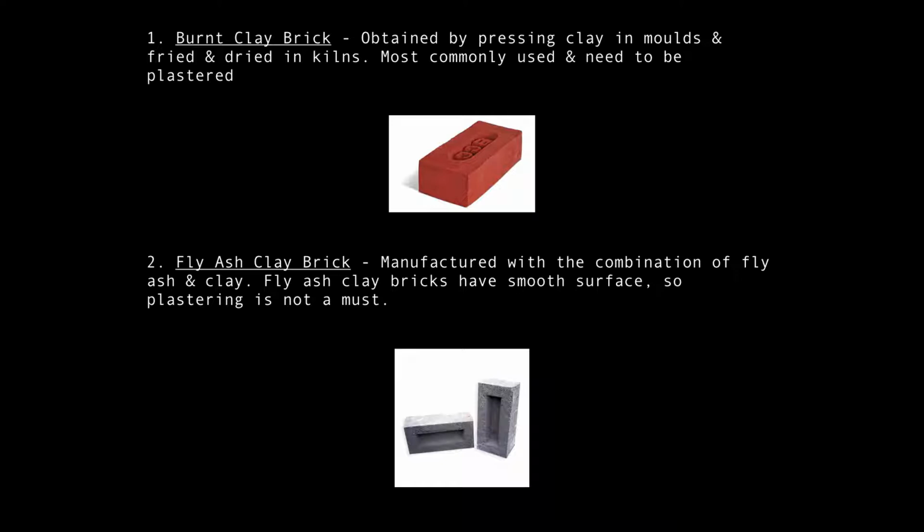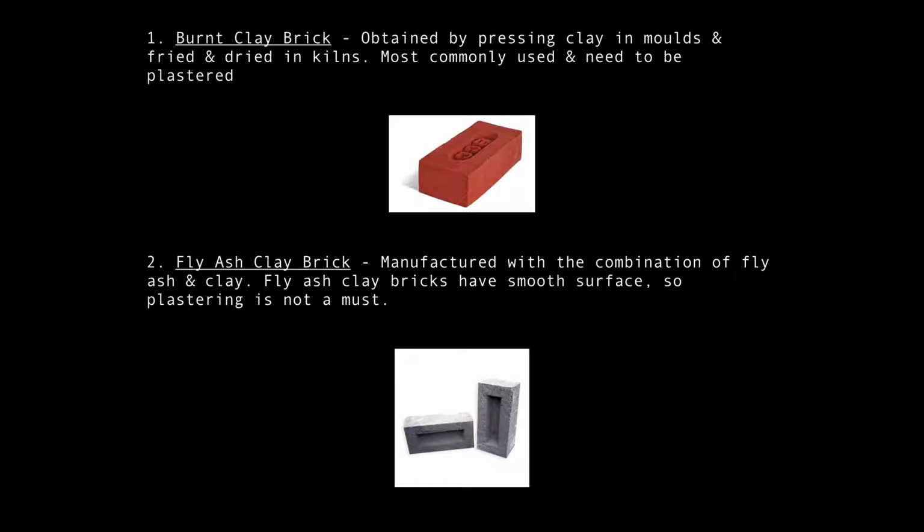Number one is our traditional brick, or burnt clay brick, which is made up of clay. This brick is obtained by pressing clay in molds and then firing and drying it in kilns. This is the most commonly used brick.